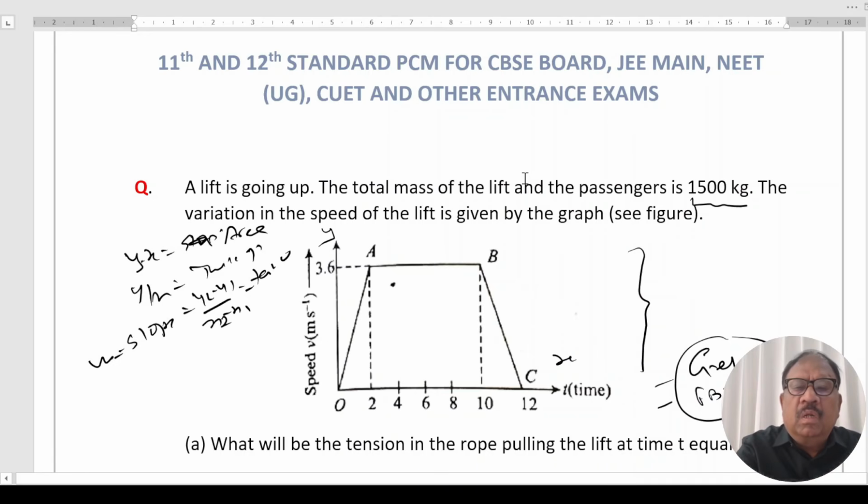OA is the accelerated portion, AB is uniform velocity, BC is uniform retardation.